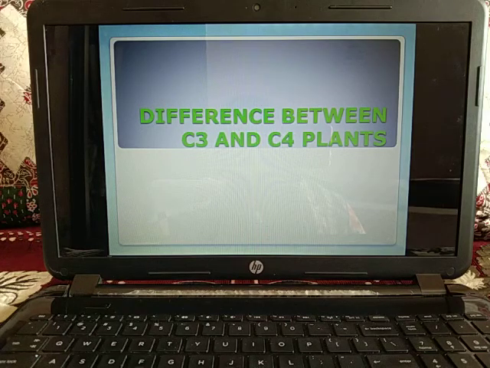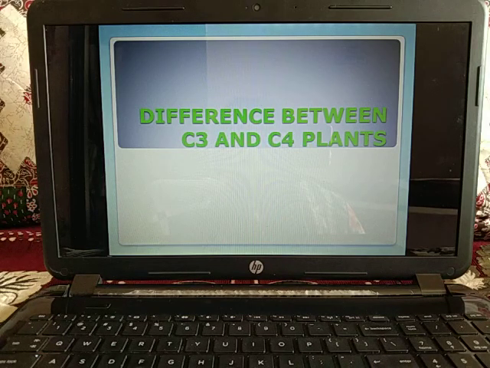The C3 plant usually performs photosynthesis only when stomata are open, but in case of C4 plant, they perform photosynthesis even when stomata are closed, using carbon dioxide produced in respiration.